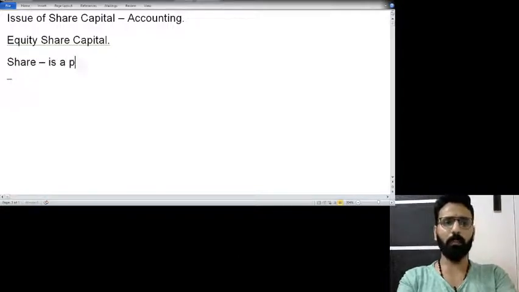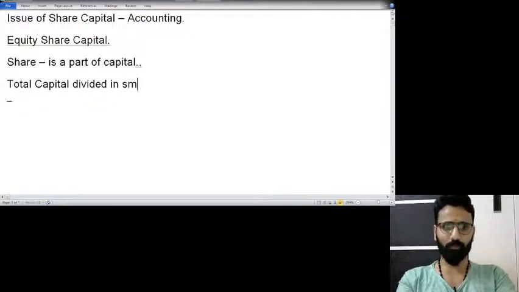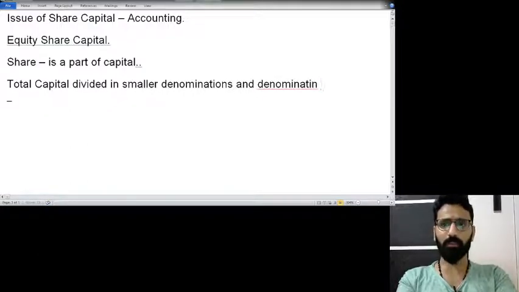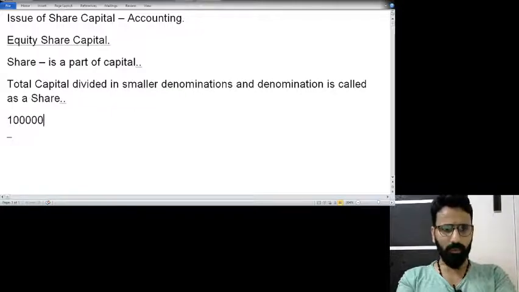A share is a part of capital, meaning the total capital divided into smaller denominations, and each denomination is called a share.